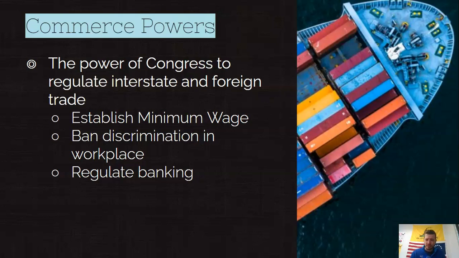Examples of things they can do with this power are establish a minimum wage, ban discrimination in the workplace, and regulate banking. Anything that crosses state lines, or has to do with trading with foreign countries, is going to fall under commerce power.